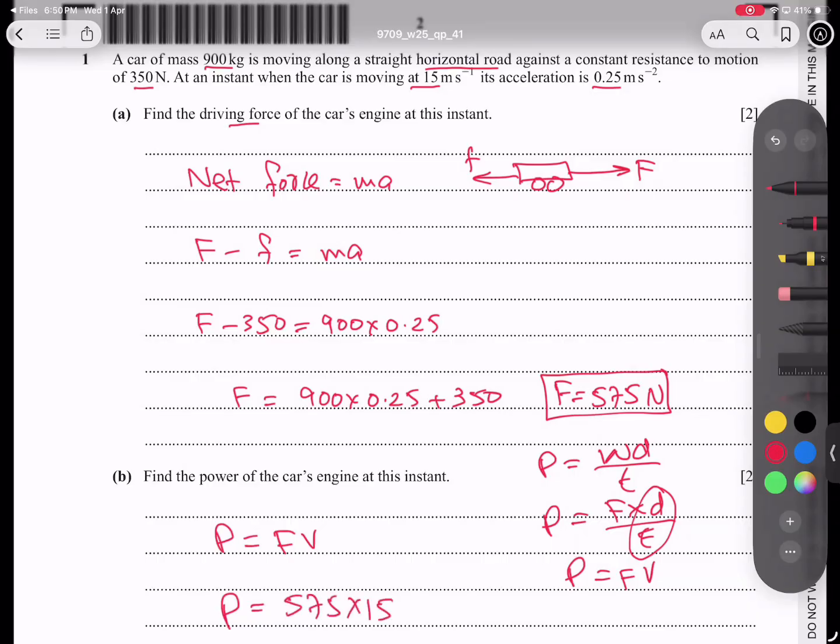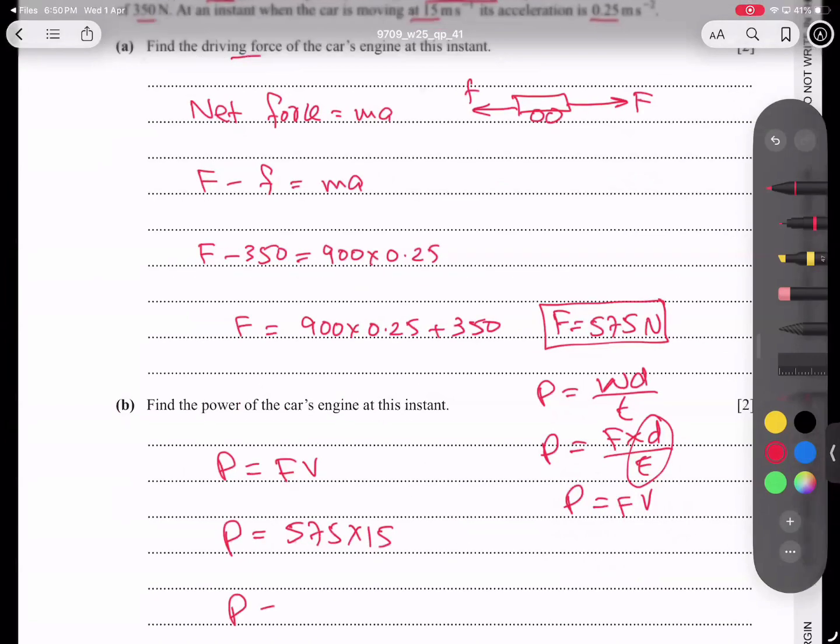So I get 8625 watts. We must convert to kilowatts, so power divided by 1000 is 8.625 kilowatts. I hope the concept of the question is completely clear.